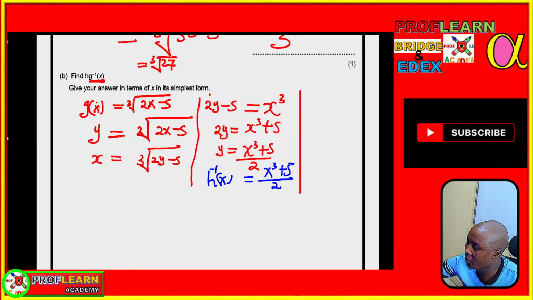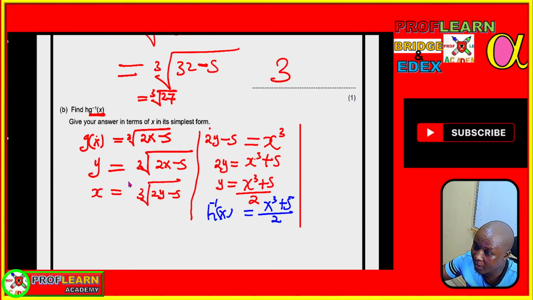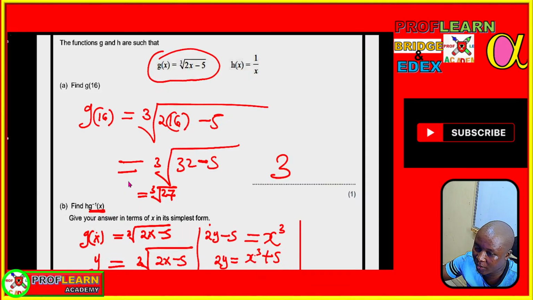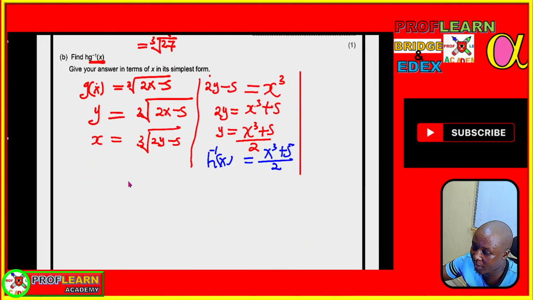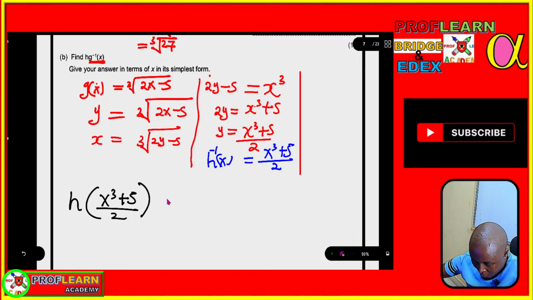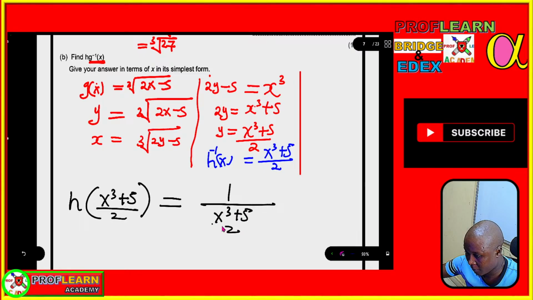Then we are going now to do h of that. So we can see h is 1 over x. So anywhere we have x, we are going to put that. So we are going to say h of x cubed plus 5 over 2, and that is going to be 1 over x cubed plus 5 over 2.